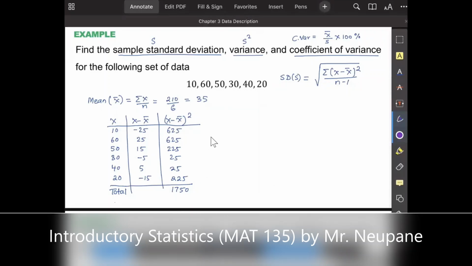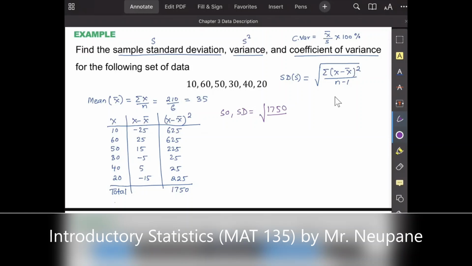Let's use the formula. So your standard deviation is equal to, this is our formula, the square root of the sum of all these, that is 1750, divided by the total number of observations. It is 6. There are 6 data points there.